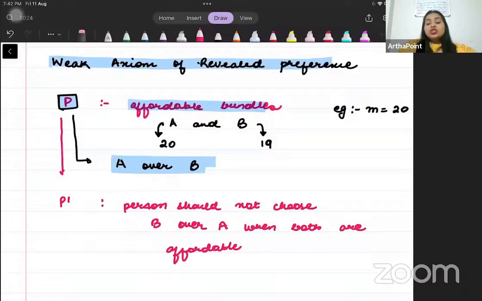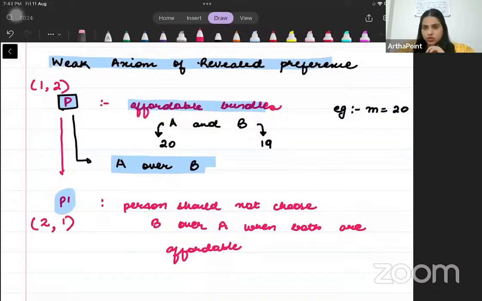To hum keh rahe hain ki jab price change ho gaya, at some different price bundle P dash, suppose let's say the earlier price bundle is 1, 2. Price of good X is 1, price of good Y is 2. And now prices have changed. Suppose price of good X is 2 and price of good Y is 1.